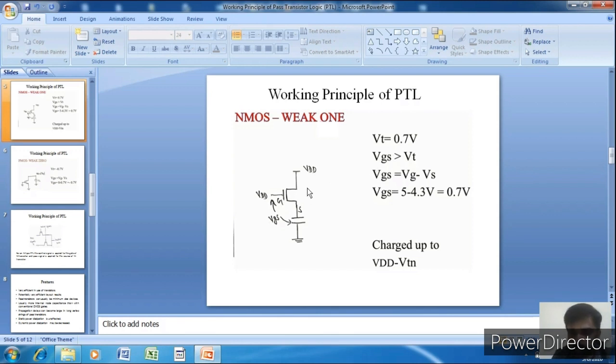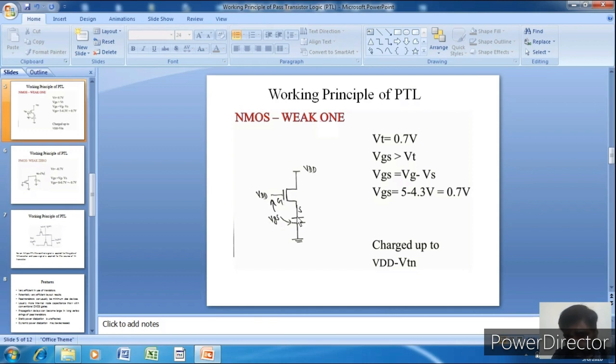Then only this MOSFET turns on. So what is this VGS? VGS is the gate to source voltage. So VGS is equal to the voltage at the gate terminal, VG, minus the voltage at the source terminal, VS.